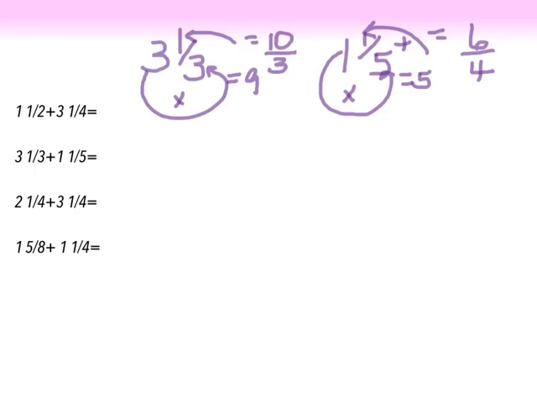So in order, carry my denominator. I should actually carry the right denominator. Three and 5 are not the same. What's my least common denominator with 3 and 5? 15.